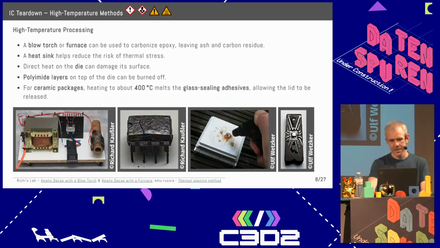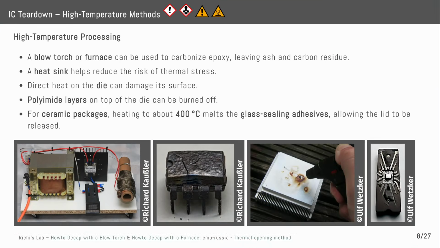Then there are high temperature methods. We can use a blowtorch, or Richie is doing it. He built himself a furnace for heating it up, and basically you burn all the organic compounds, and what is left over is just some carbon residue that you can break super easily because it's very brittle.